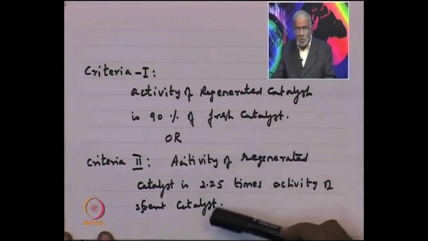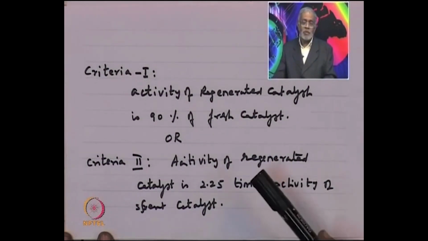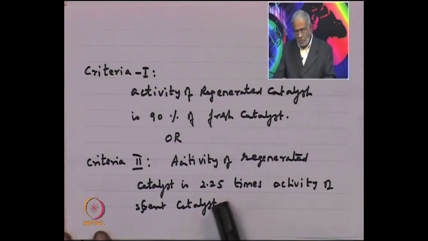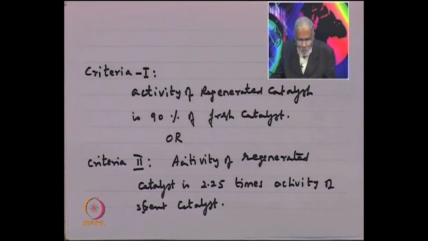If either of these two criteria are met, we are willing to accept the regeneration process. In other words, we have to deal with deactivating catalysts in our industry, so we need a systematic procedure to evaluate process data. Now, here is an instance of process data in front of us.